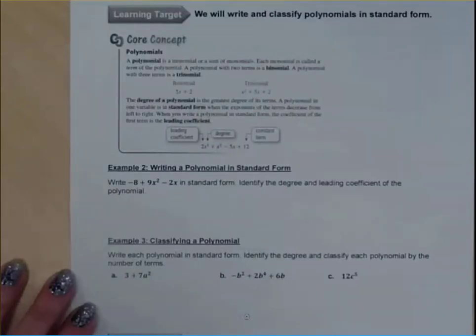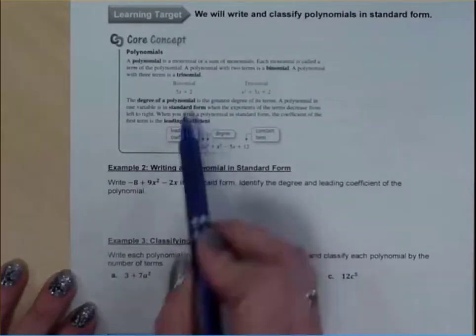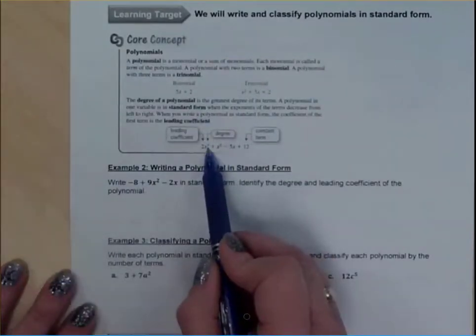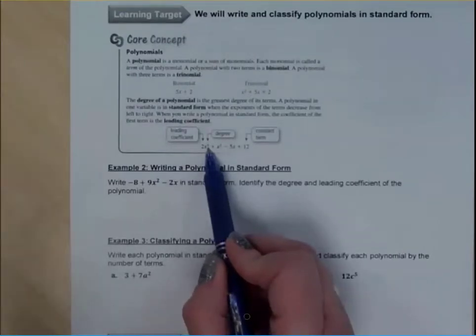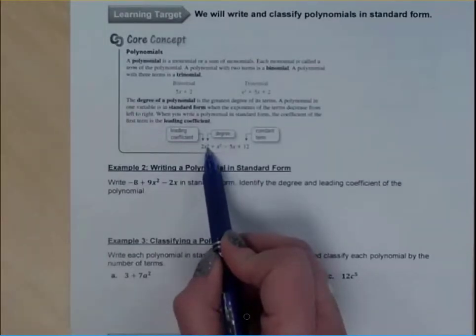Now when we talk about the degree of a polynomial, we always want to write it in standard form. Now we do that by exponents. So the greatest exponent is going to come first. So the degree here is 3. That's our greatest exponent, so that means this is going to come first.